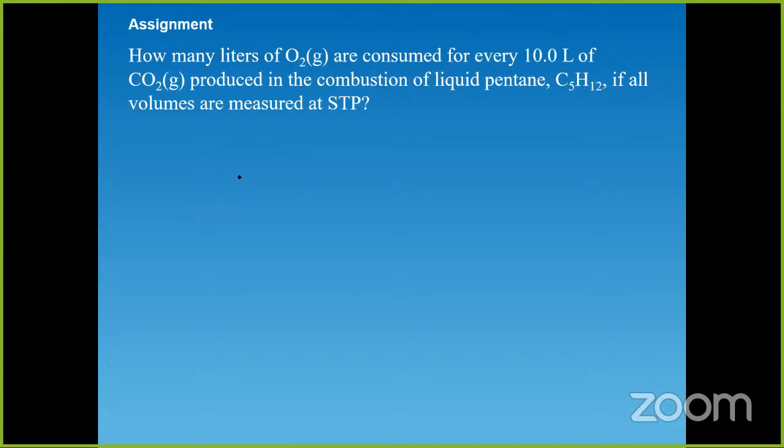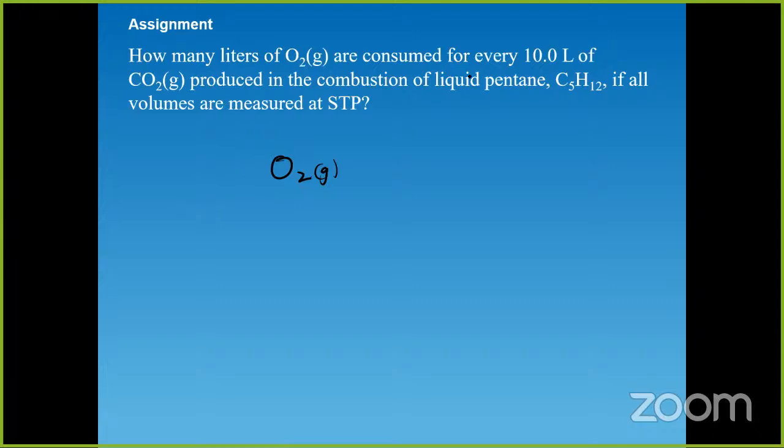Write a balanced equation. Okay, so what would be the reactants based on the information provided here? What would be the reactants in this reaction? Oxygen is one of them. All right, very good. I'm sorry? CO2?